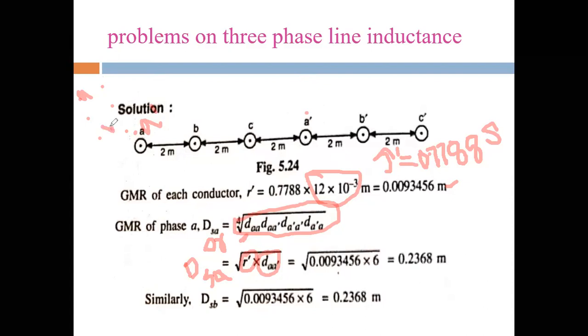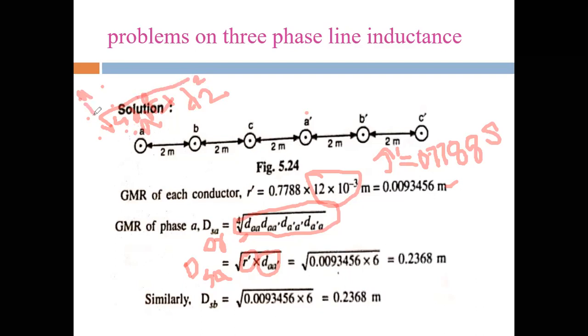In the previous problem we observed the conductors, with this being the A conductor and this the A dash conductor. The distance between A and A dash is the square root of 4 d1 square plus d2 square plus d2 square. This is the distance between A and A dash.